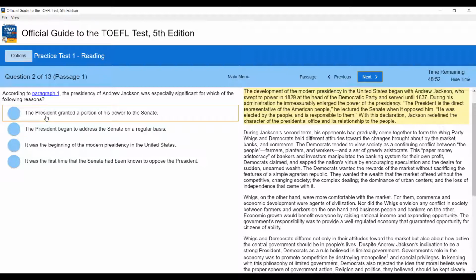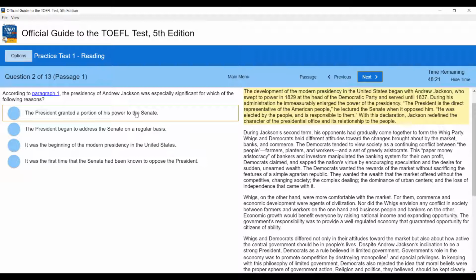So I'm going to say the president granted a portion of his power to the Senate. No. What's going on here is that they use a keyword like the word Senate, but what I see in the text is that it doesn't say he gave power to the Senate. He lectured to the Senate. He spoke in front of the Senate and gave a speech. So this would be mixing up some keywords.